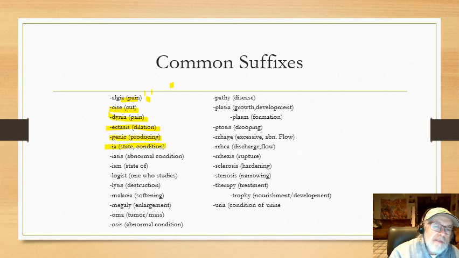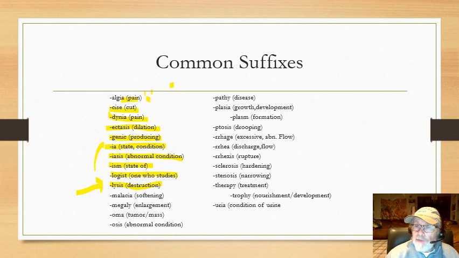Ia, that's pretty boring, means state or condition. Iasis, abnormal condition. Ism, a state of. All these are sort of boring. I'm sleeping already. Logist, we talked about, one who studies. Lysis, okay? Means destruction. Hemolysis would be the destruction of blood. Hem/o means blood, okay?